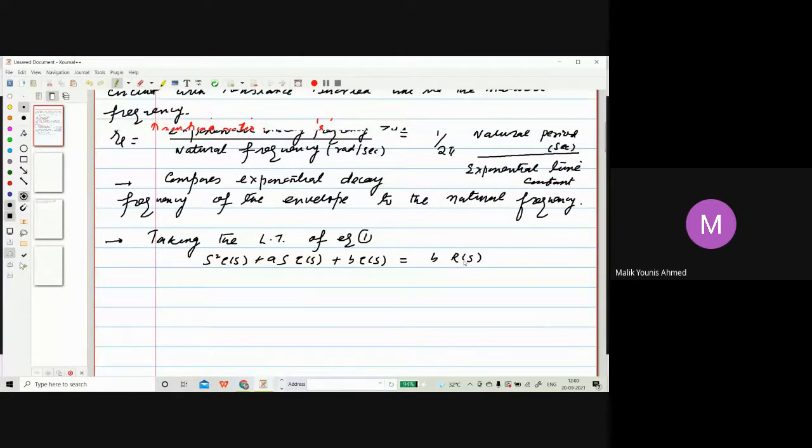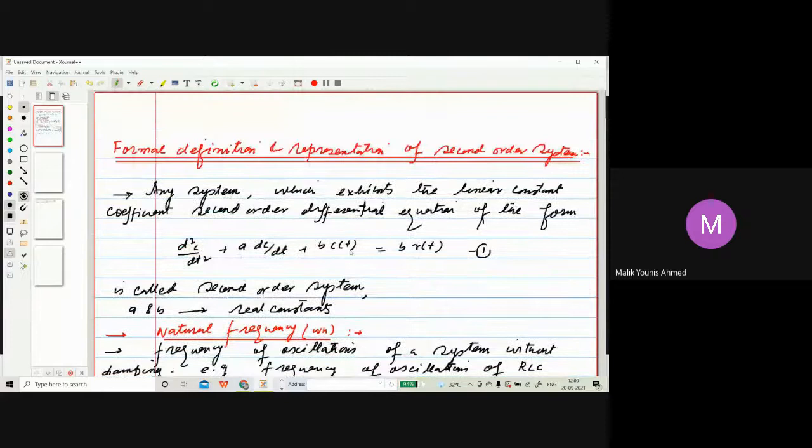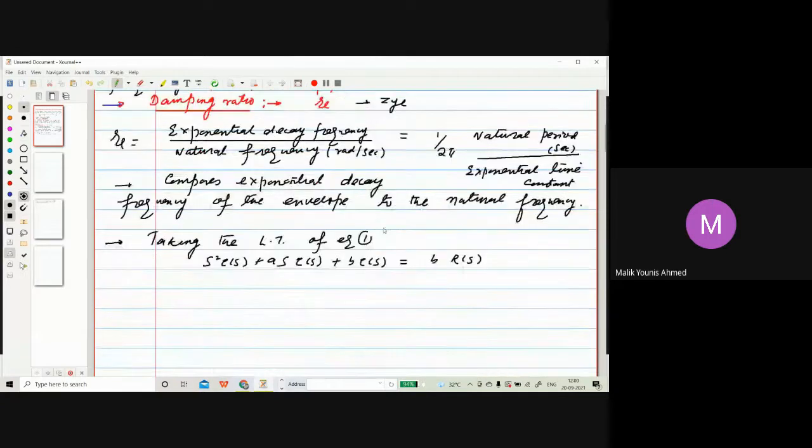You can have a look here. This should have been c of t in the time domain, sorry, and then we changed this to the Laplace transform. From this, we can take C of s common, and C of s divided by R of s can be written as b divided by s squared plus a s plus b.